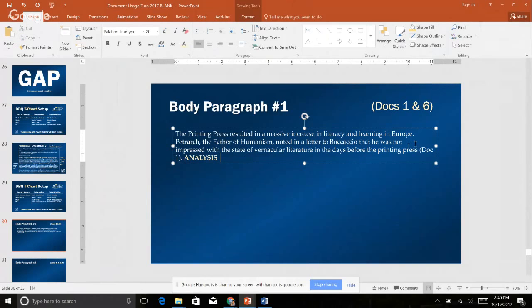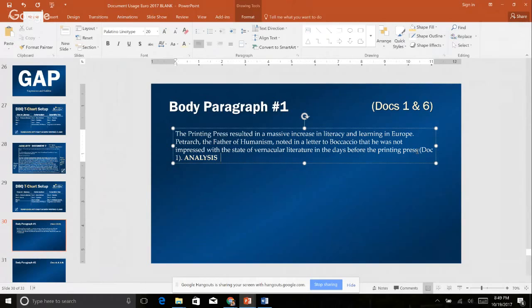So he was not impressed with the state of vernacular literature. So what we see here is that I'm using it in order to advance an argument saying that there was an increase in literacy and learning throughout Europe.